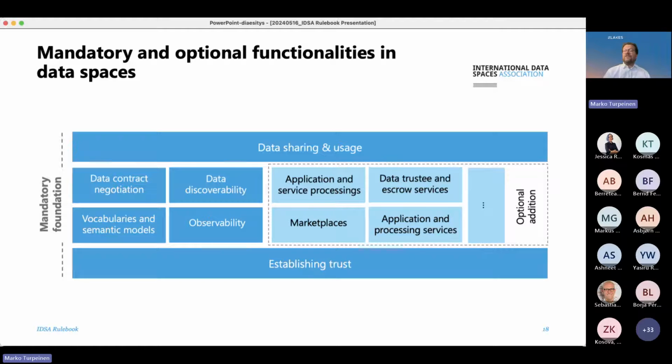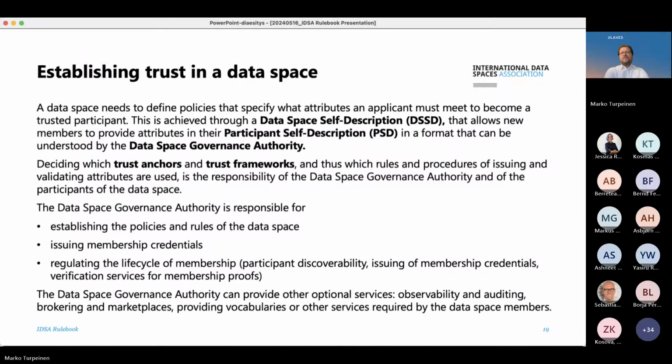And then there are optional functionalities, like marketplace is an optional functionality. It's not needed in every data space. And data trustees or escrow services is another example, and there are several others of these kind of functionalities that can very well be connected and should be connected to data spaces, but is not the key set of functions that the data space has to fulfill.